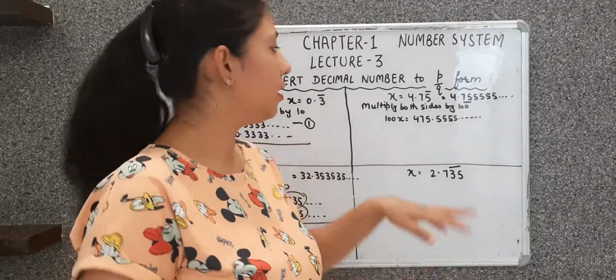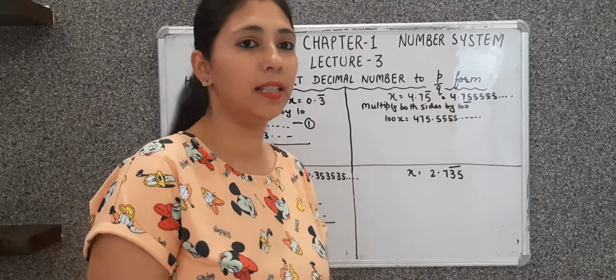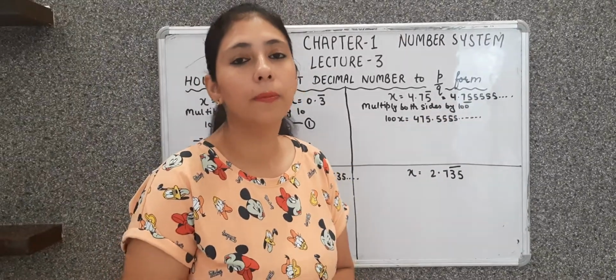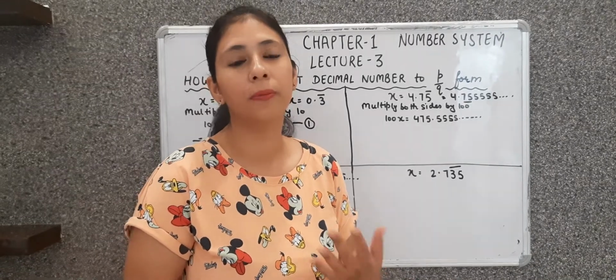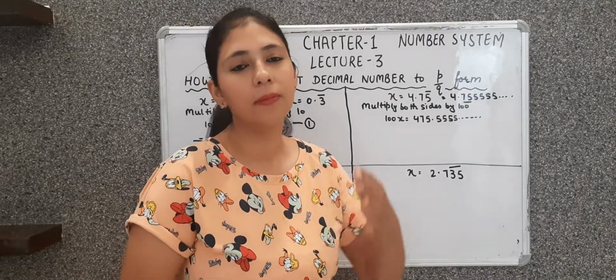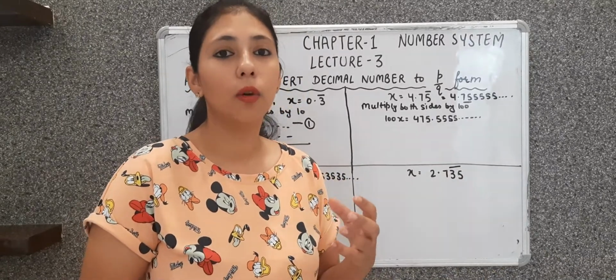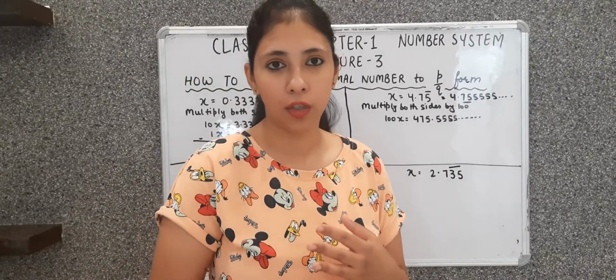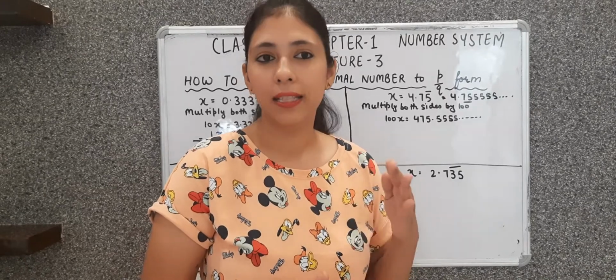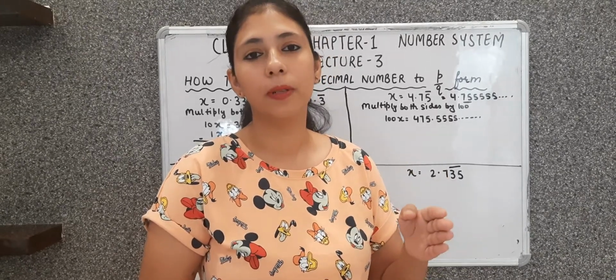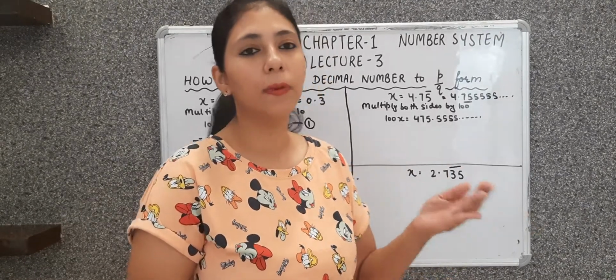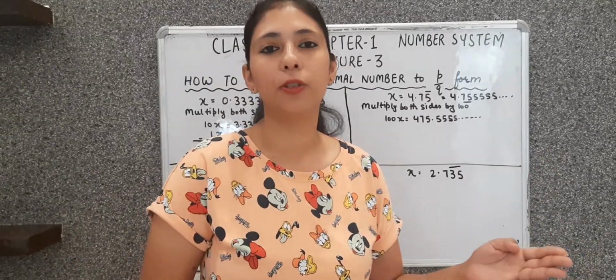In these two, 100x and x, the after-decimal part is not the same, so I cannot subtract them, because if I subtract them, there will still be a part coming after the decimal. But we want equations such that when I subtract them, there is nothing after the decimal. It means their after-decimal parts should be the same.